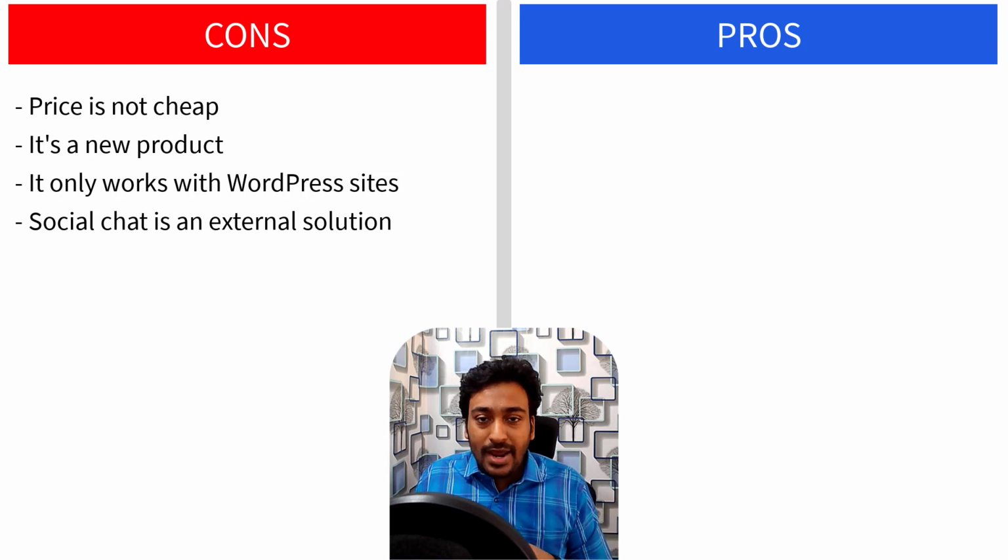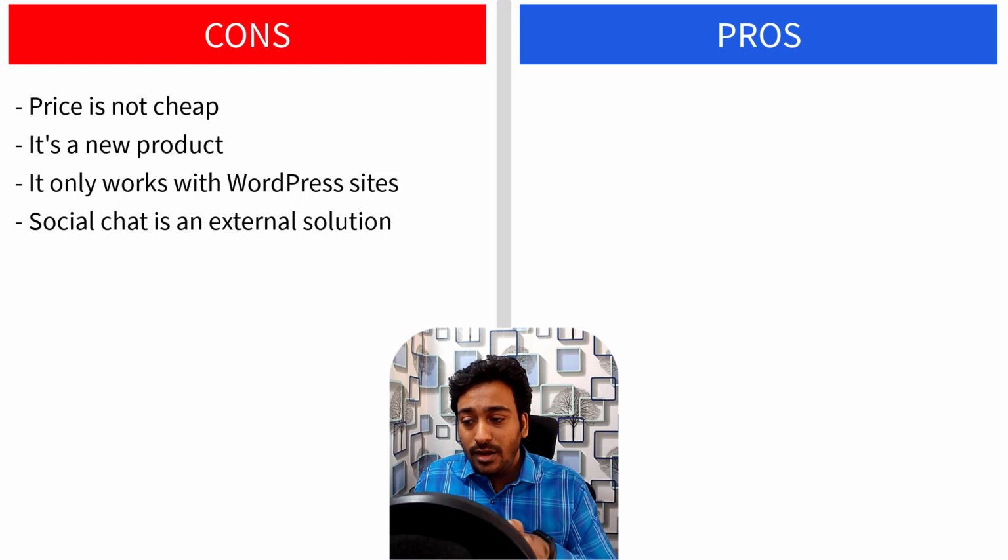There are good and bad things here. If the user is happy with the social media platform and prefers to use it to chat, then it's great. But let's say the user does not like to log into all these different platforms and instead just wants a direct native option, then it might be a turn off for them. So the options are there, which you can choose depending on your use case.